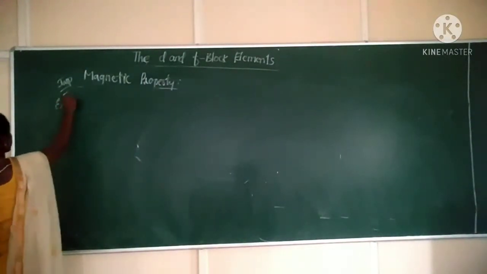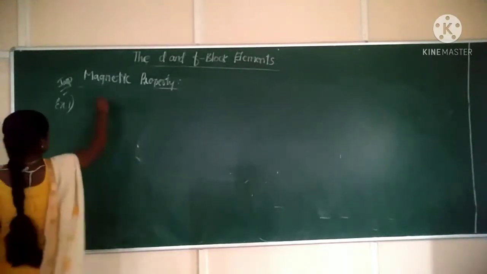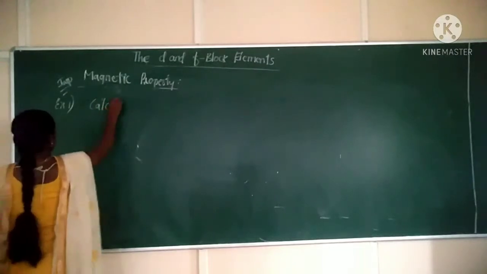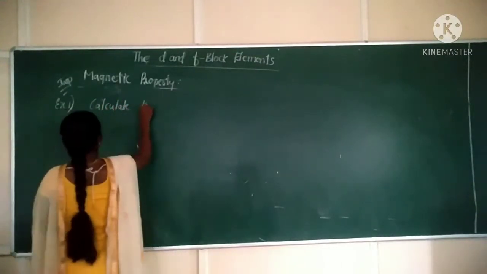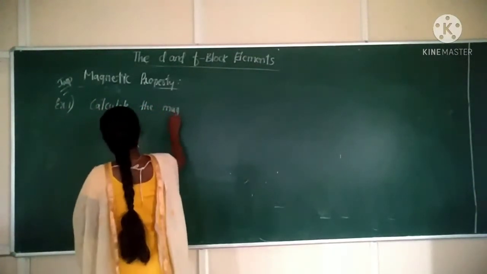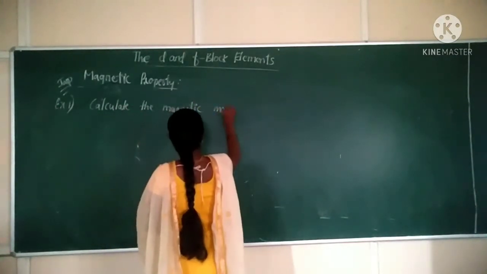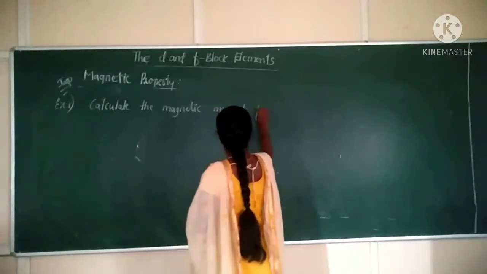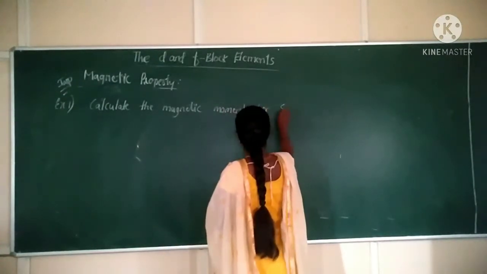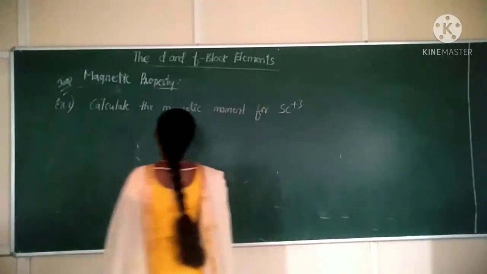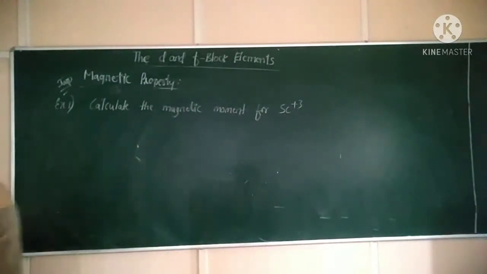First example. Calculate the magnetic moment for scandium plus 3 ion. To do this, we should know its electronic configuration.